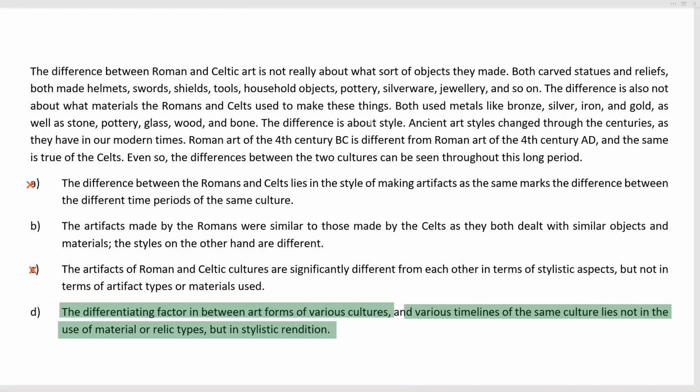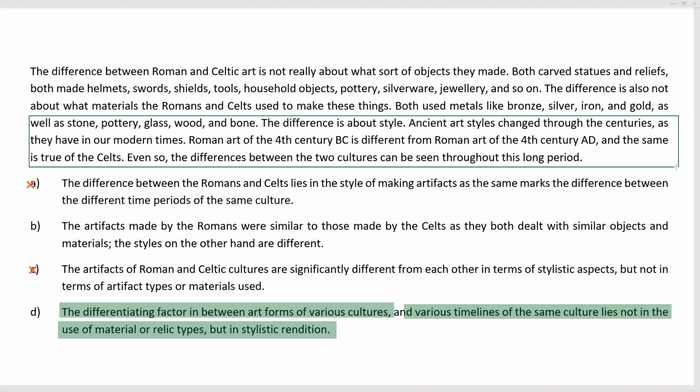Option B omits the aspect of different timelines of the same culture, as we see from the last 3 lines of the passage. So that's quite a sizable chunk. We had noticed how option A had included this particular aspect because it is one of the 3 key arguments made in the passage.